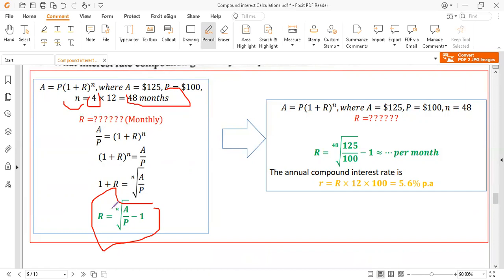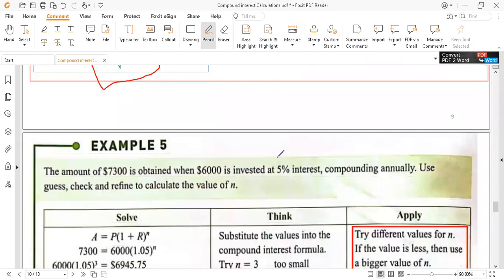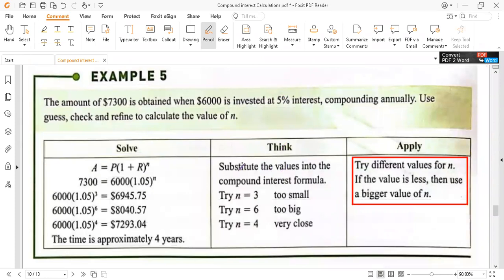So the 48th root of A over P minus 1 gives the rate per month, and then we can calculate the annual compound interest rate by multiplying big R by 12 to obtain per annum, and by 100 to obtain it as percent per annum. So 5.6% per annum.